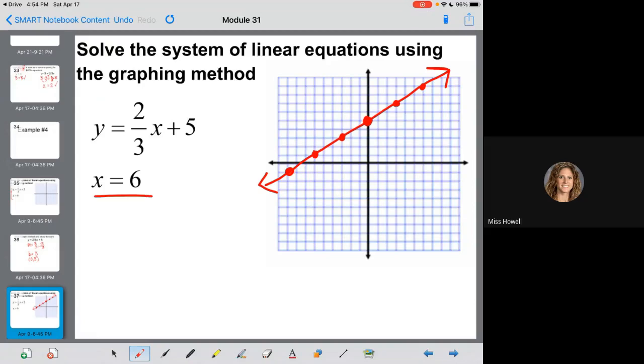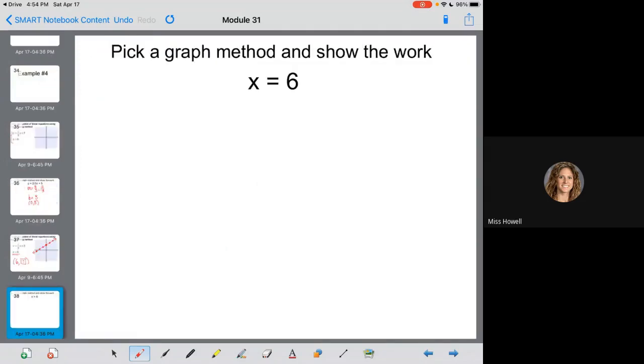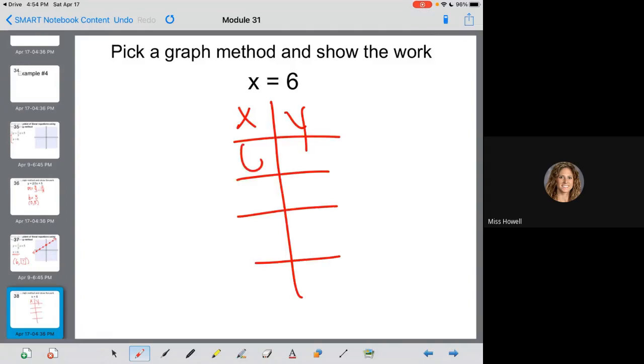All right, now we know our other line is x equals 6. So we're really looking for 6, where's our y when we draw that other line? So let's go ahead and look and see what happens here. So we have a special case with just x. So I would make a quick little table of values where x is always 6. We've been using -1, 0, 1, and 2 for the other side of our table for these special cases, but you can use any point you want.